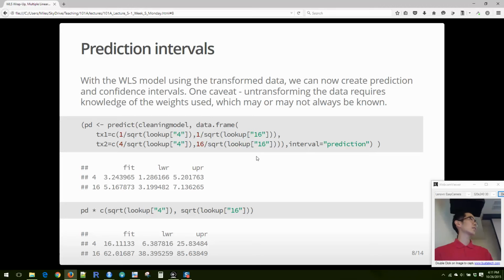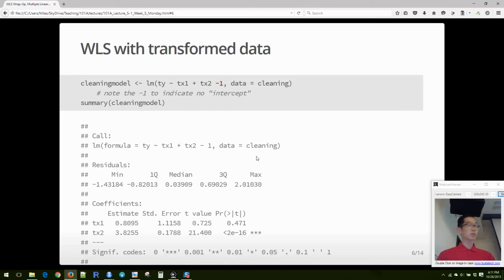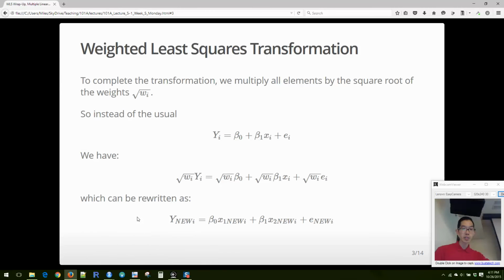Yeah? Can you go back to the slide where you have -1? Can you explain again what it means to have no intercept? Because we're also estimating beta 0 and beta 1, right? Yes. So let's look at the original model here, okay? We have an intercept and we have a slope. This is for the regular least squares model, and we can apply the weights here, or we can take this and multiply everything, both sides, by the square root of the weight.